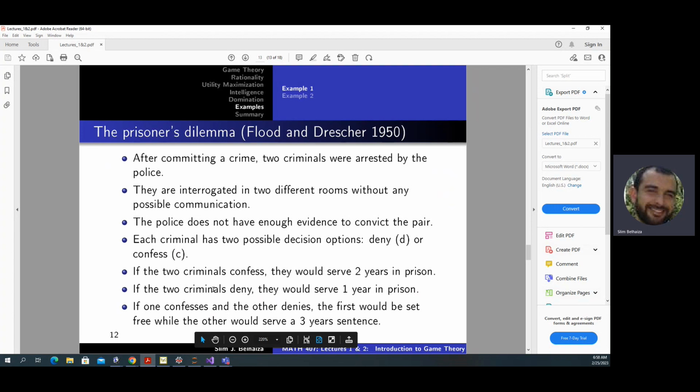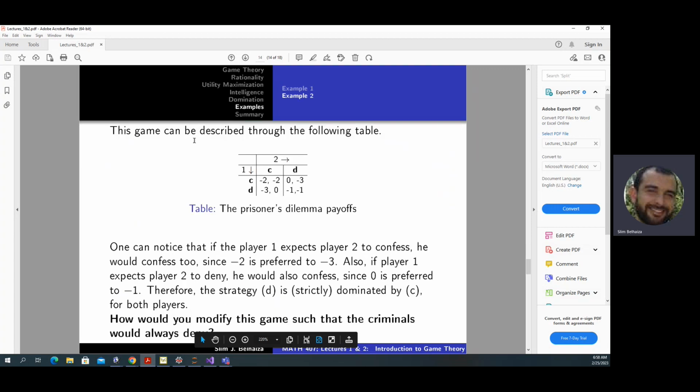3 years sentence. So this game can be described through the following table, where here we put into matrices the payoffs. This is what happens when both players confess. They both get -2 and -2 in terms of years in jail. If the first player confesses, he gets 0, while the other player gets 3 years in jail.